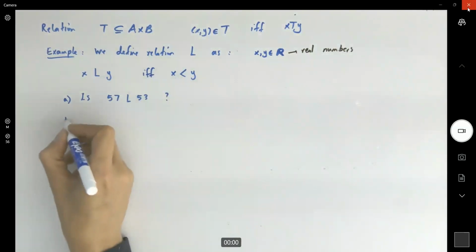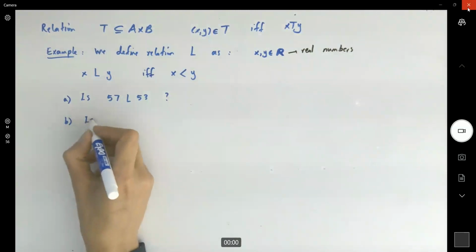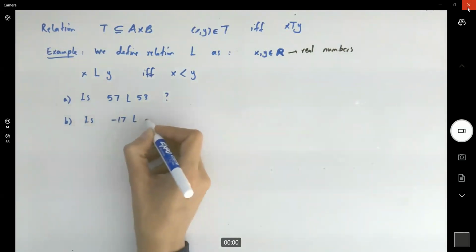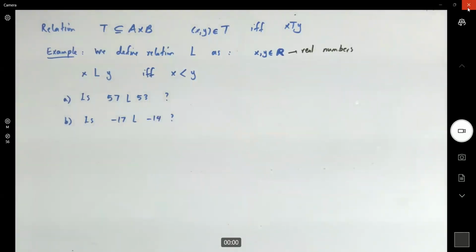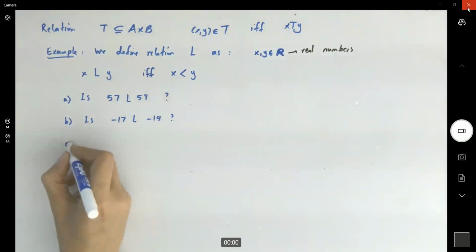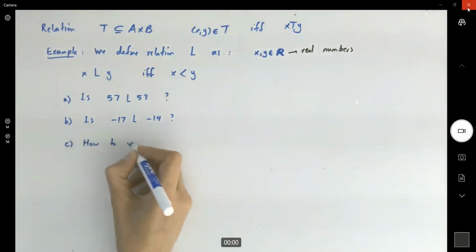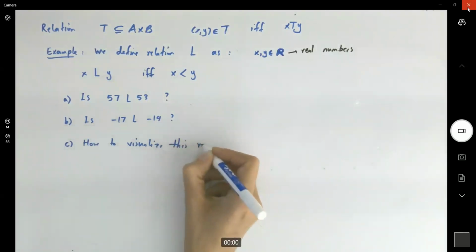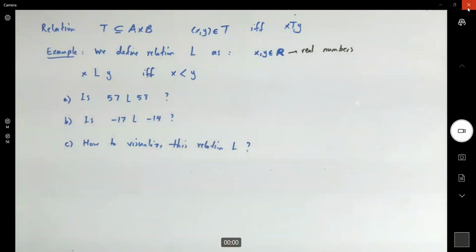B, is negative 17 in relation with negative 14? C, how do we visualize this relation L?